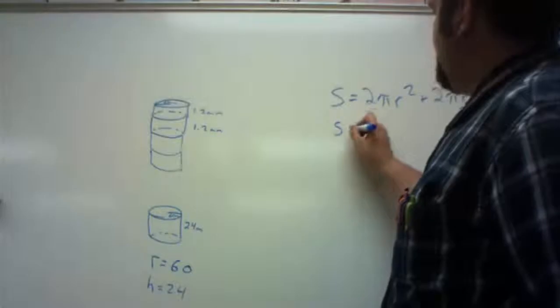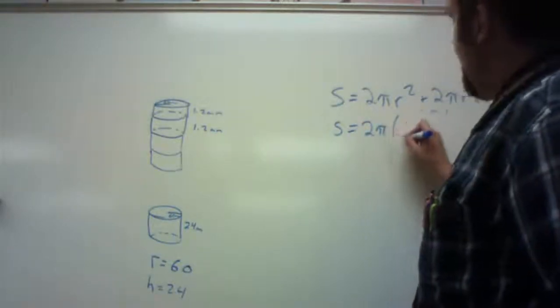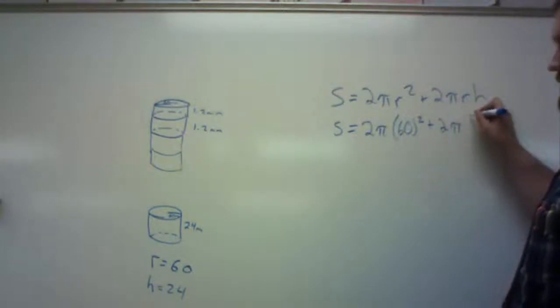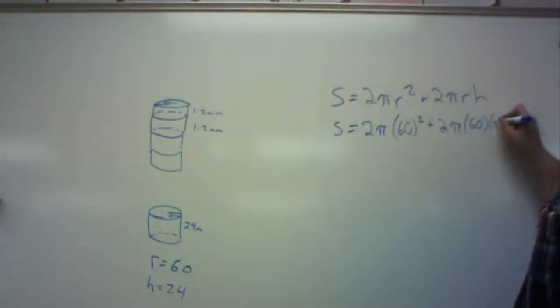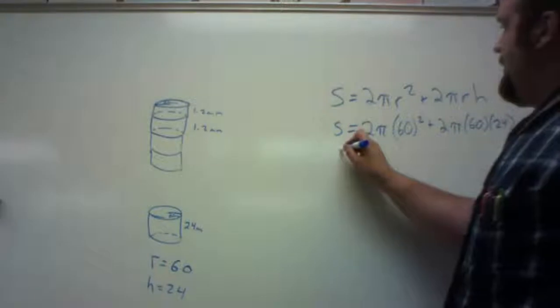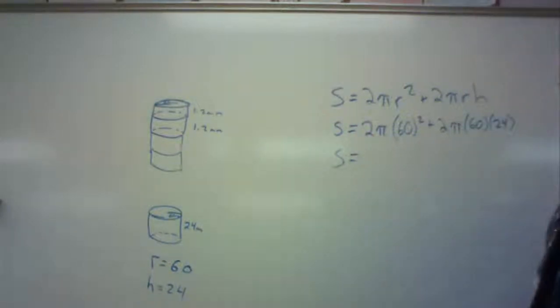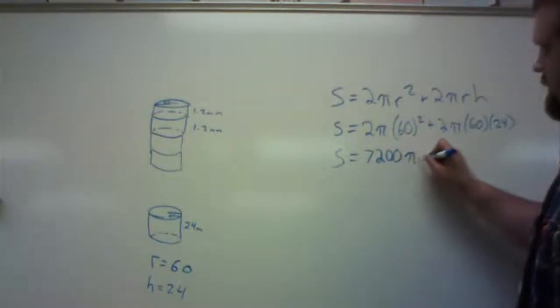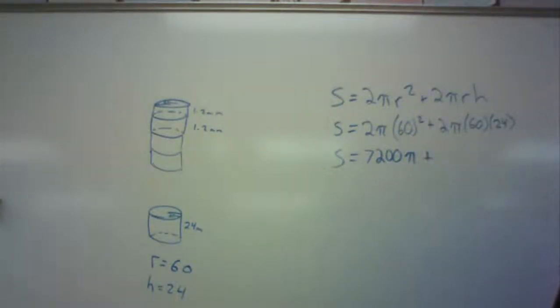So, surface area equals 2 pi times 60 squared plus 2 pi times 60 times 24. And then we simplify what we can. That's going to be 3,600 times 2. I get 7,200 pi, plus, over here, I get 2,880 pi.